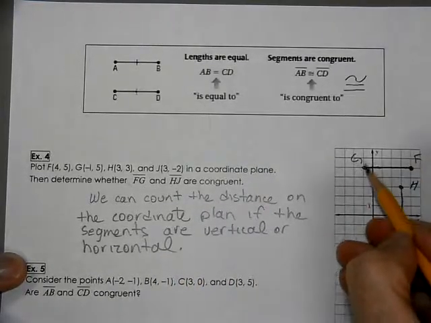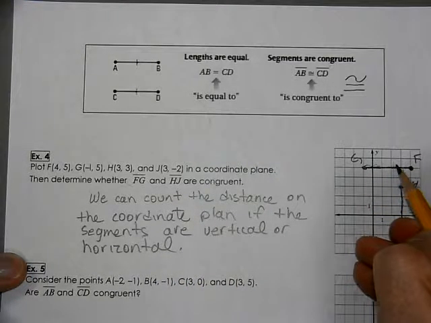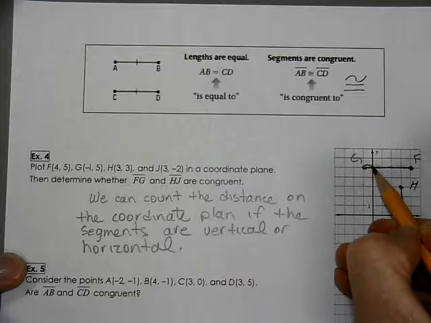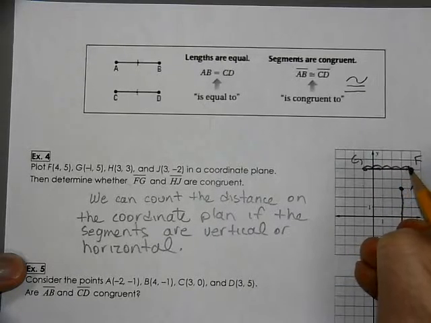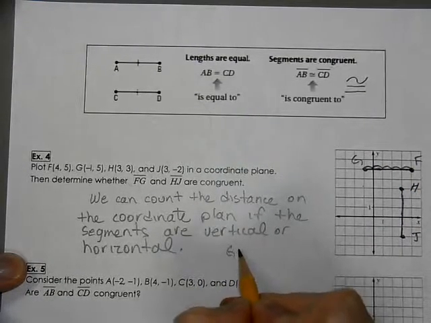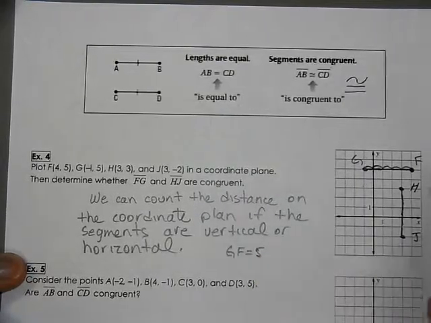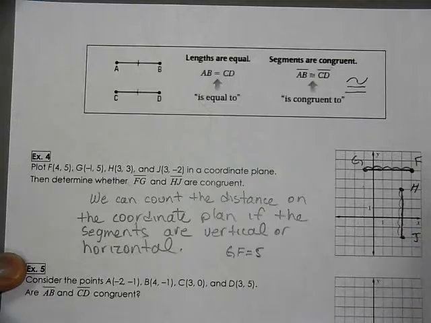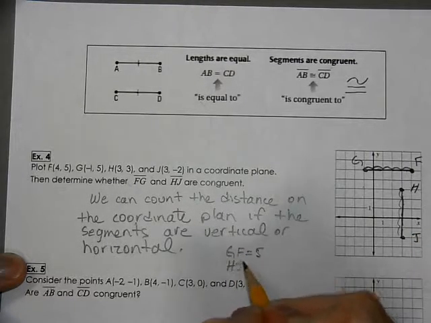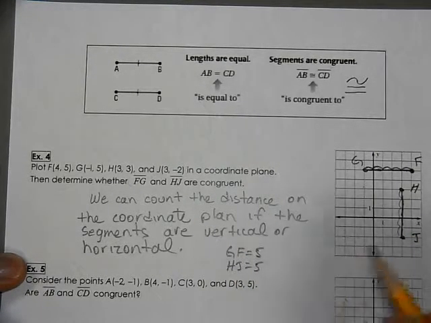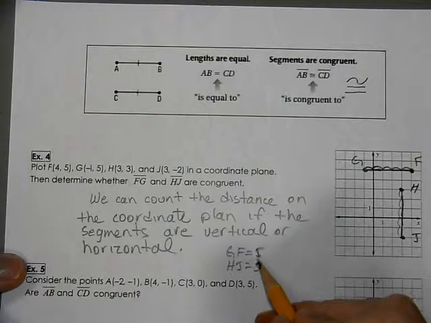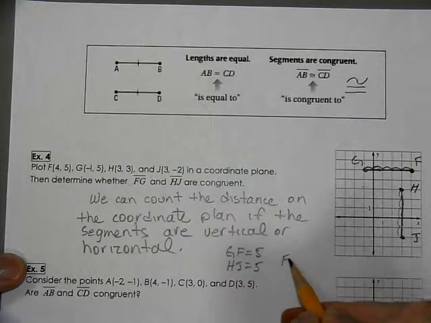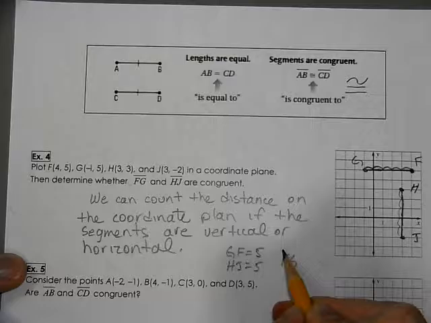We can just count them. So 1, 2, 3, 4, 5. So GF equals 5. 1, 2, 3, 4, 5. HJ equals 5.